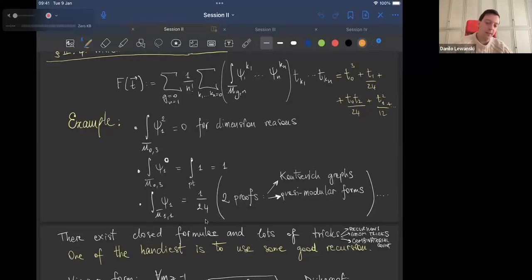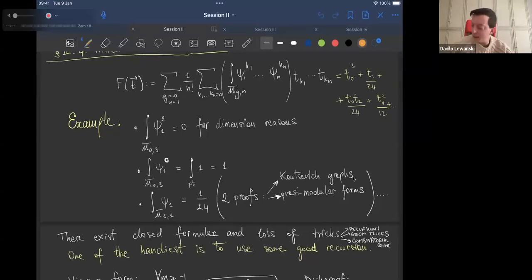1 over 24 appears many, many times in many contexts in enumerative geometry, in enumerative algebraic geometry, string theory, and so on. And in fact, you have two ways to compute this, which are a little bit long. So I wish I could go into the details of the computation. You can find, for example, a proof using Kontsevich graphs in the book of Eynard or in the original paper of Kontsevich.